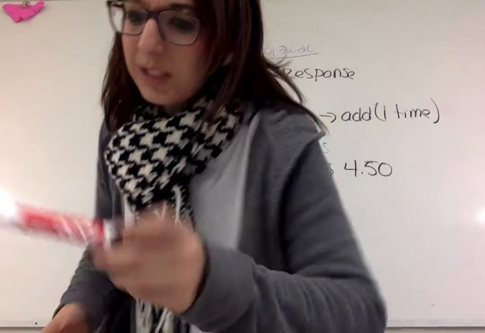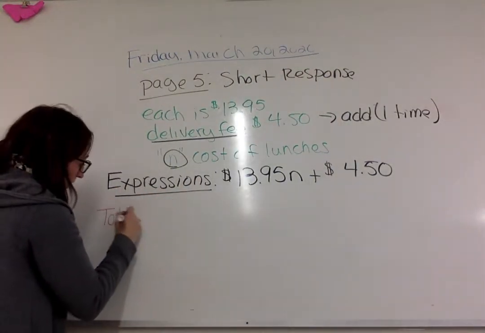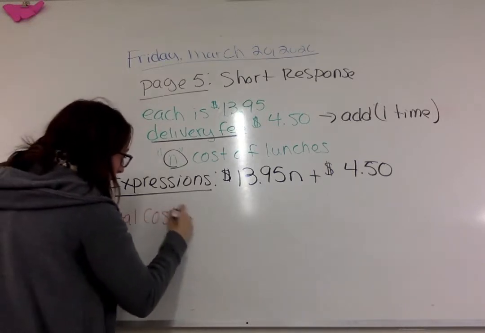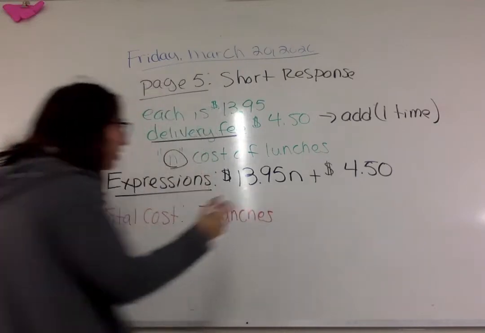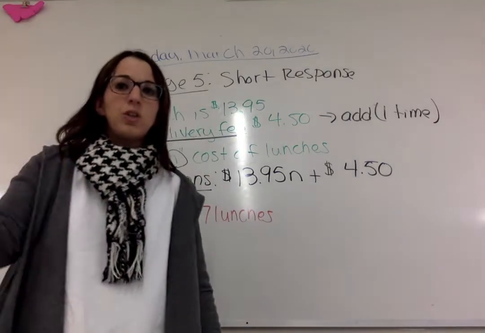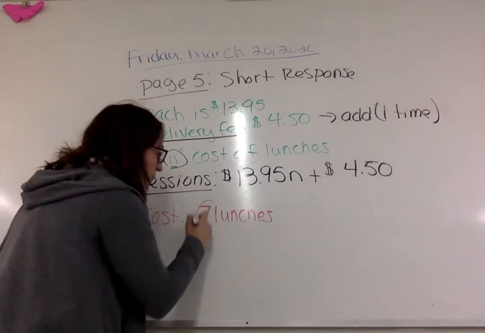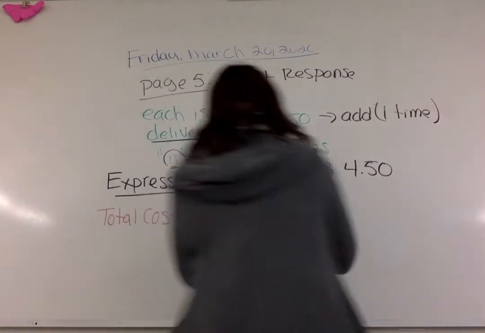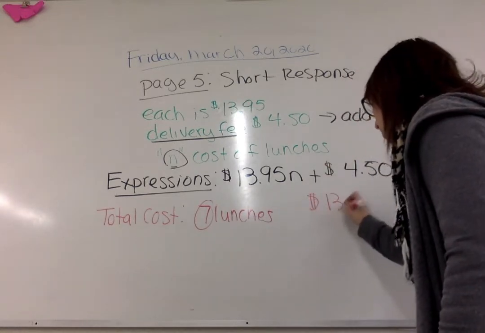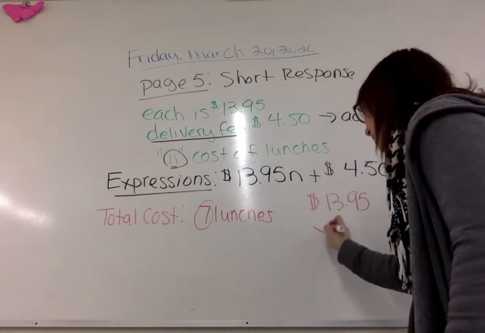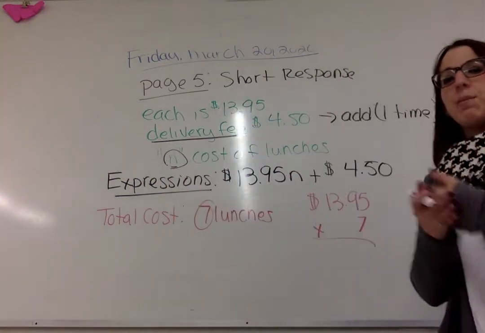Now, the second part says, use your expression to find the total cost. So I want to know the total cost of 7 lunches, right? So in the question, it says use N to represent the number of lunches. So N now is replaced by 7. So this means I have to multiply. I'm going to multiply $13.95 times 7 to figure out how much 7 lunches cost that he buys for his colleagues.